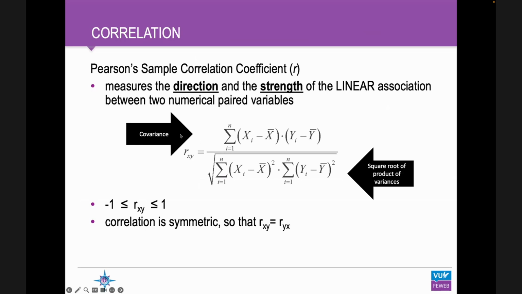Yes, you can check this formula on your own. As I said, Pearson correlation is related to the strength and direction of linear association. So this is a very important point. Here you see a bunch of scatter plots between two variables. This is the x variable, this is the y variable, for all of these plots.